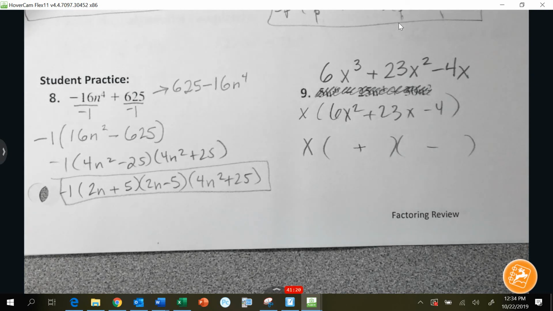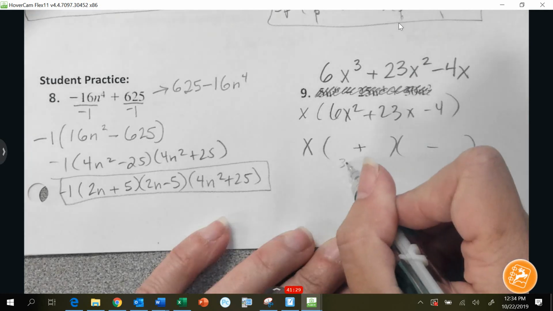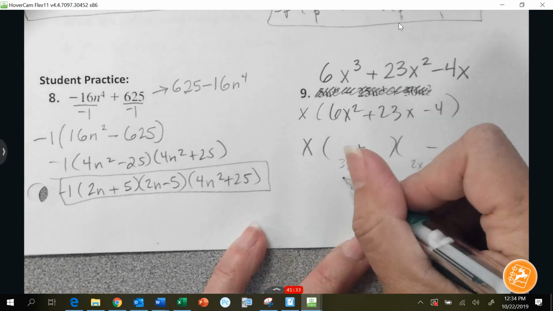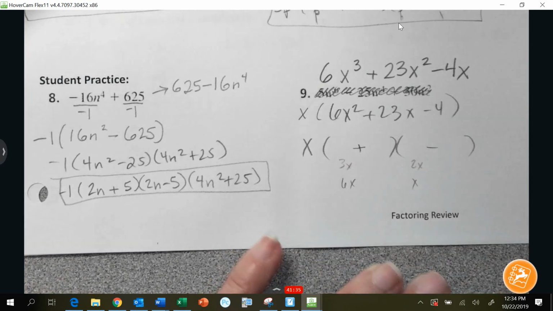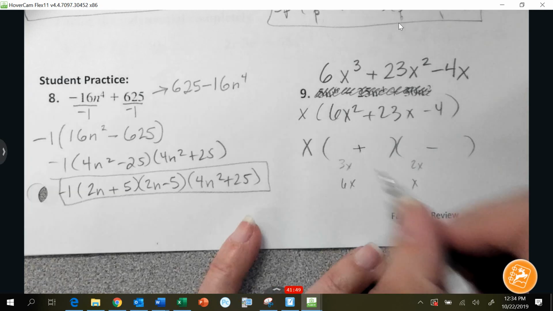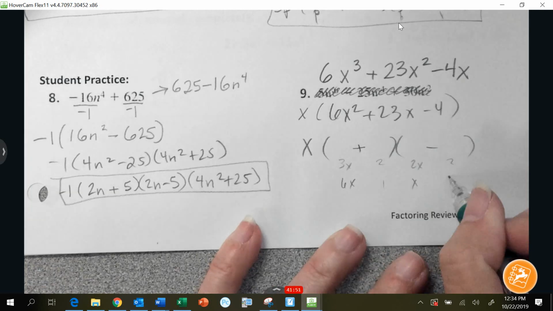What makes 6x squared? 3x and 2x? Or 6x and 1x? You see there's the opposites. What makes 4? Or minus 4, really. 2 and 2, or 1 and 4?